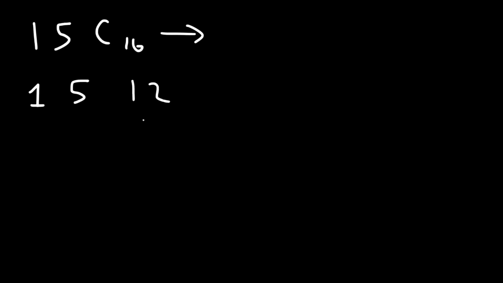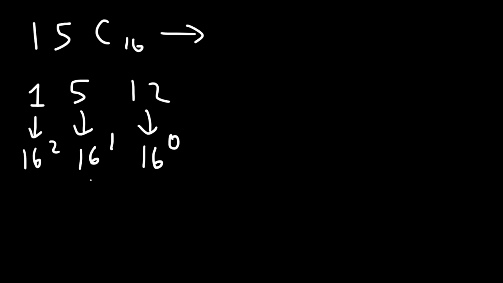Now let's talk about how we can convert a hexadecimal number into a decimal number. Now the first thing we're going to do is change C. Recall that A corresponds to 10, B corresponds to 11, and C corresponds to 12. So the first number we're going to multiply by a power of 16. So the first one's going to be 16 to the 0, and the second number we're going to multiply by 16 to the first, and the last one by 16 squared.